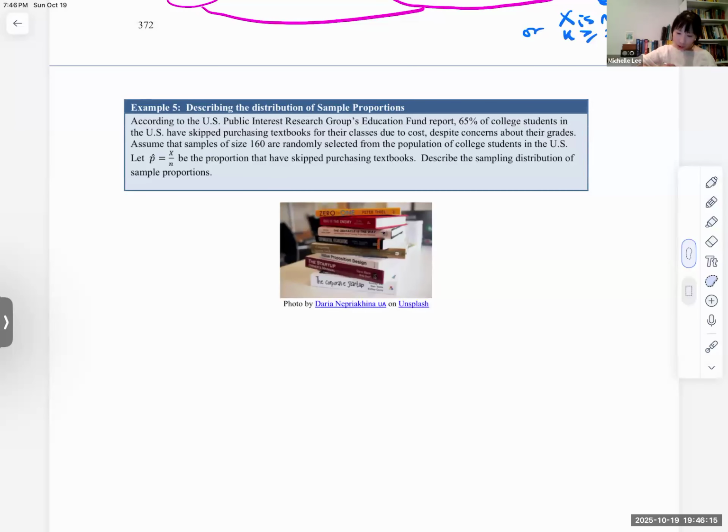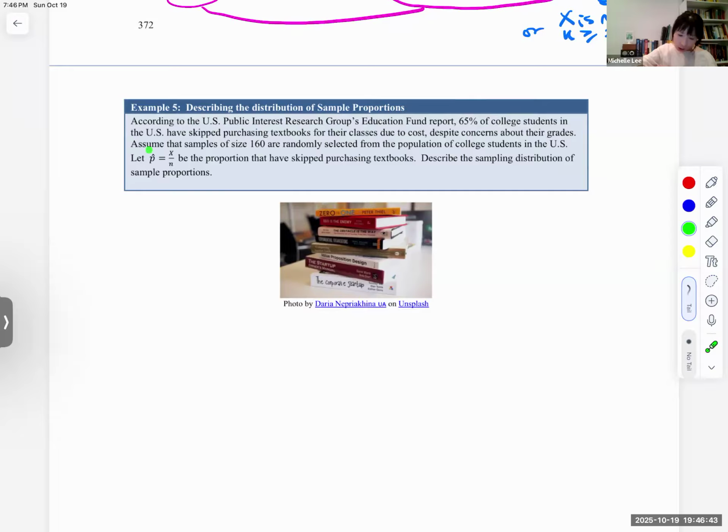Okay, so let us do this question example. According to the U.S. Public Interest Research Group's Education Fund report, 65% of college students in the US have skipped purchasing textbooks for their class due to cost.